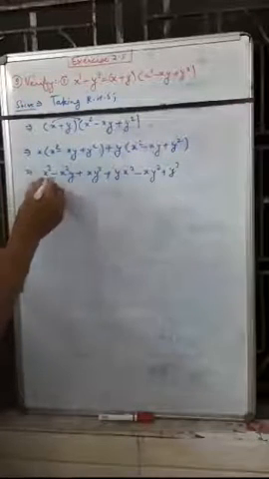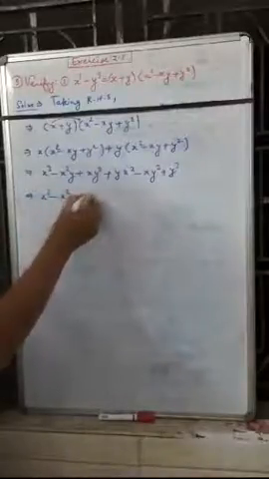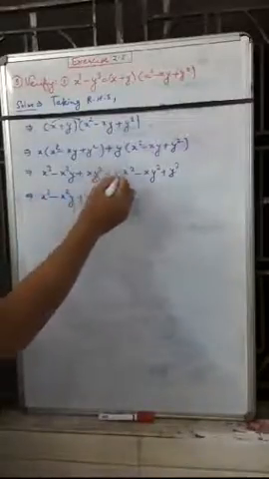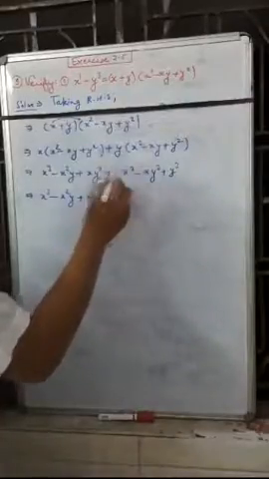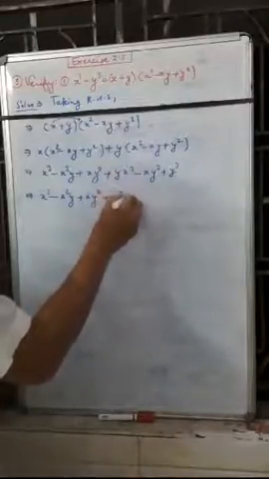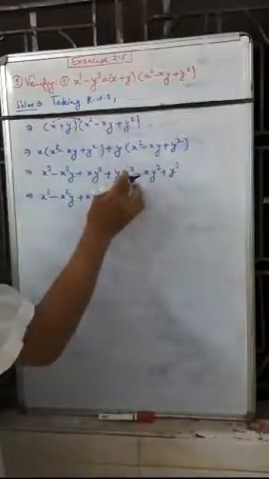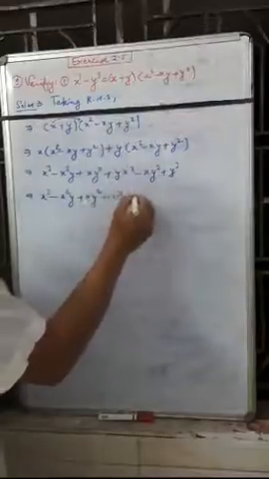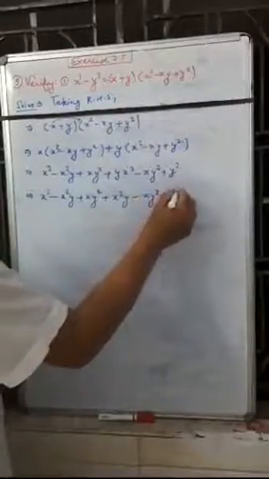Now x cube minus x square y plus x y square, plus yx square, we can write yx square is equal to x square y. We have written x square first, then y after it, then minus xy square plus y cube.